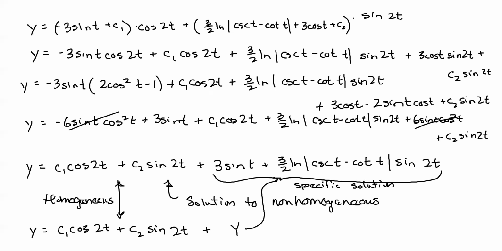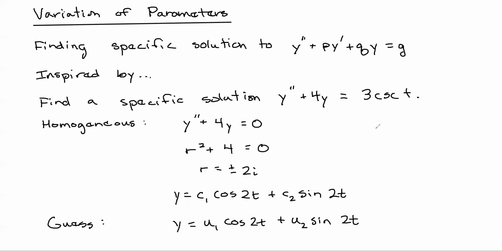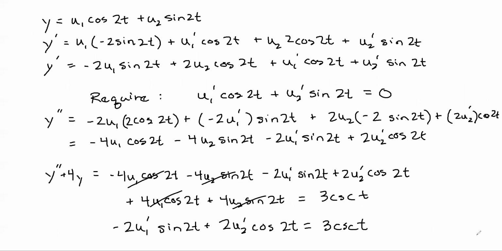That's the technique that you can use to go through and find specific solutions to the non-homogeneous. You can guess y equals u1 cosine 2t plus u2 sine 2t, then you can differentiate. Then you can assume that parts of it are going to be 0. Then you can differentiate again. Then you can substitute in. Then you can simplify.